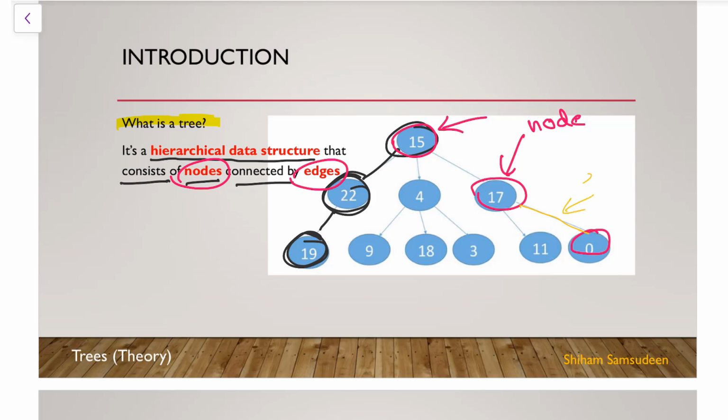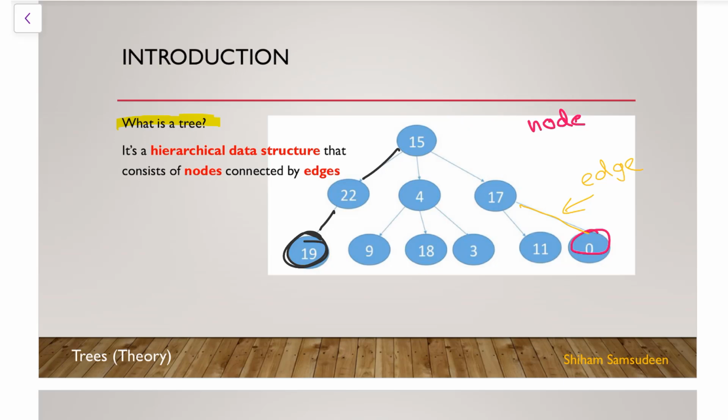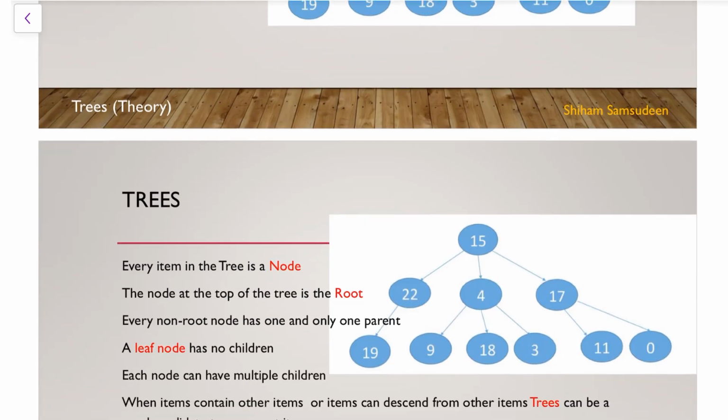So these are called edges. This is an edge, right? So this is the specific terminology we have for the tree data structure: nodes and edges.